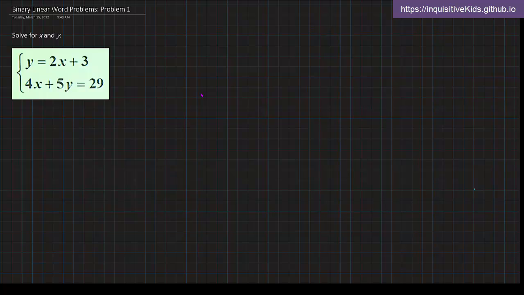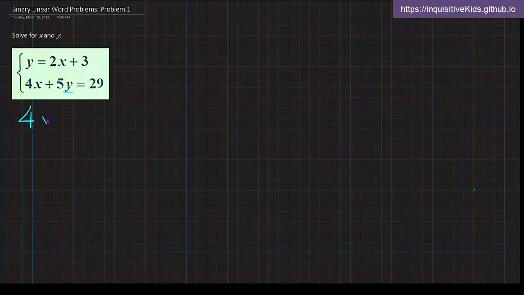So we can't solve for sure if we have two variables, but can we turn this into a linear expression that we only have one variable? We can, because 4x plus 5y equals 29, and we know that this y right here equals 2x plus 3.